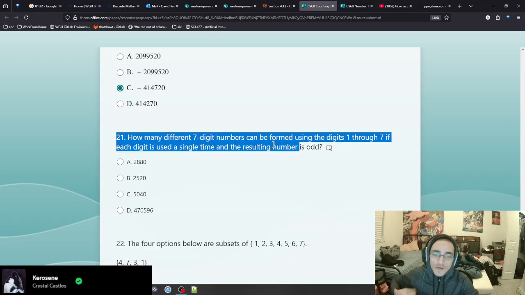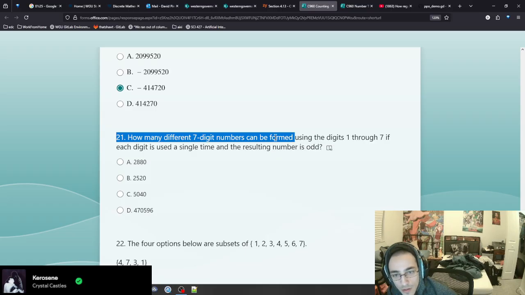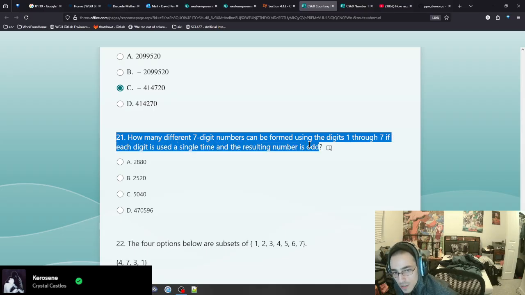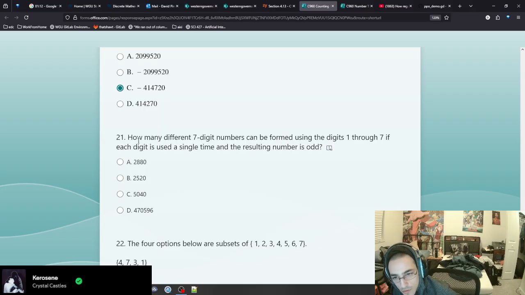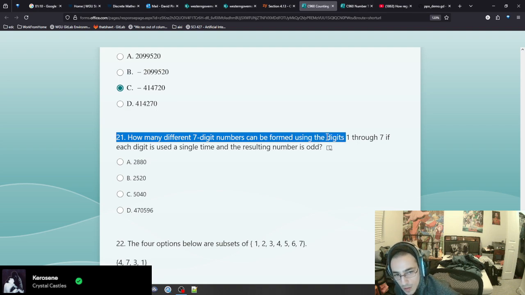Okay, whatever. So we have: how many different 7-digit numbers can be formed using digits 1 through 7, and the resulting number is odd? What the hell? Okay, that's cool. How many different 7-digit numbers can be formed if each digit is used a single time and the resulting number is odd?